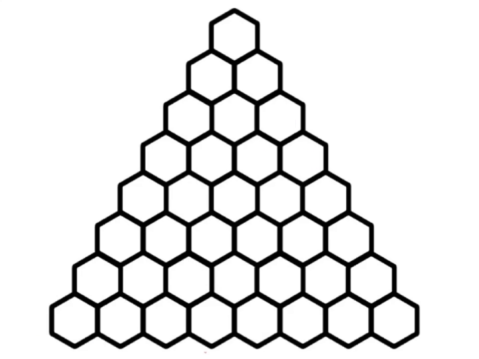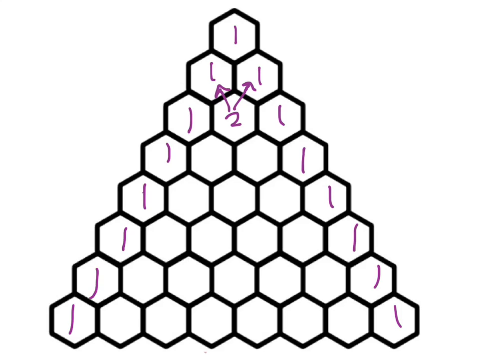To fill it all out, you would start with the ones at the top, and then there's ones going down the sides. You need to know that. And then to fill out the rest of them, you just add the two numbers that are right above it. And so the number that would go in this spot is 2.